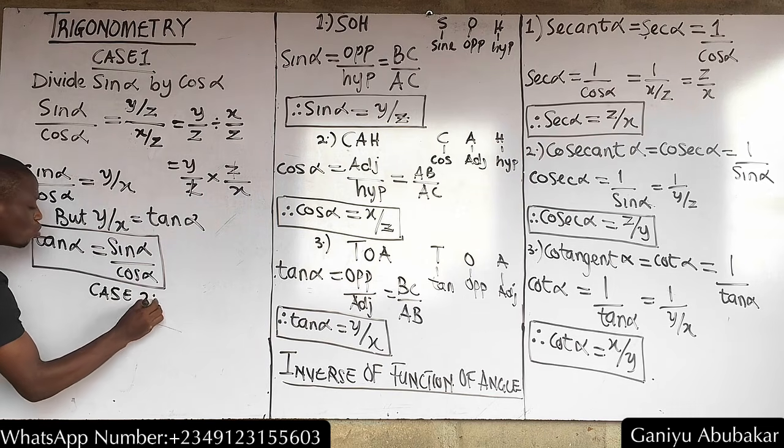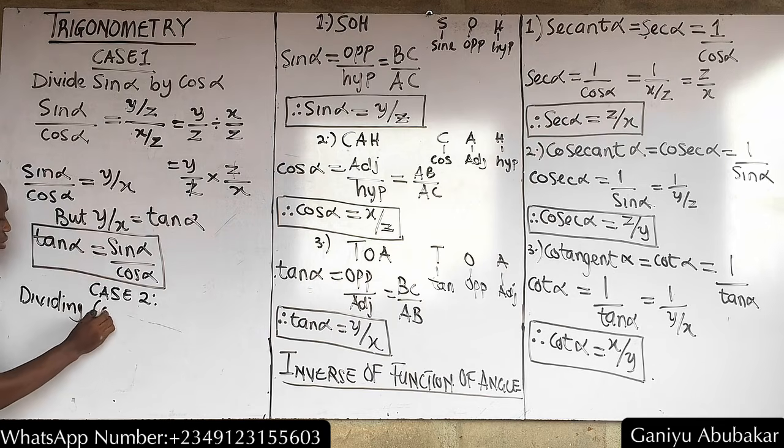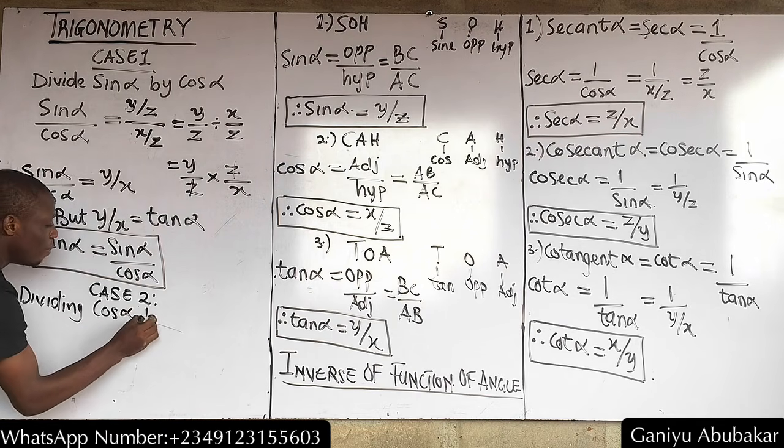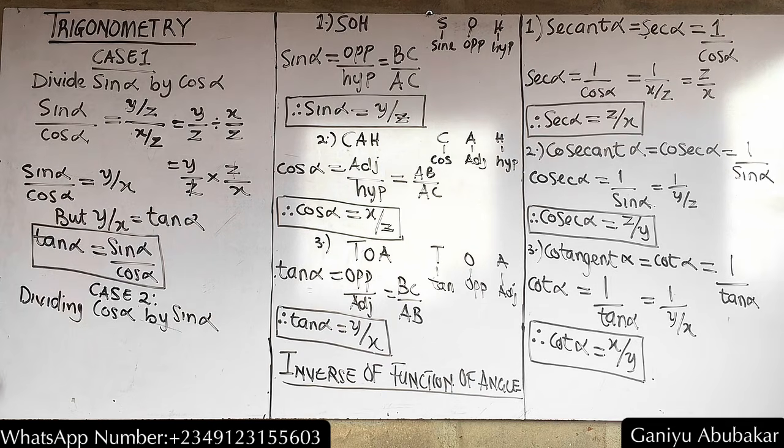for case 2, I'm going to be dividing cos alpha by sine alpha. So if I divide cos alpha by sine alpha, I have cos alpha all over sine alpha. What's cos alpha? That's x over z.